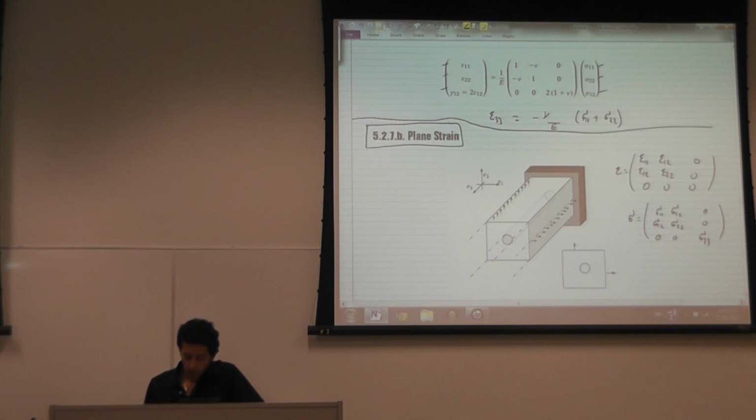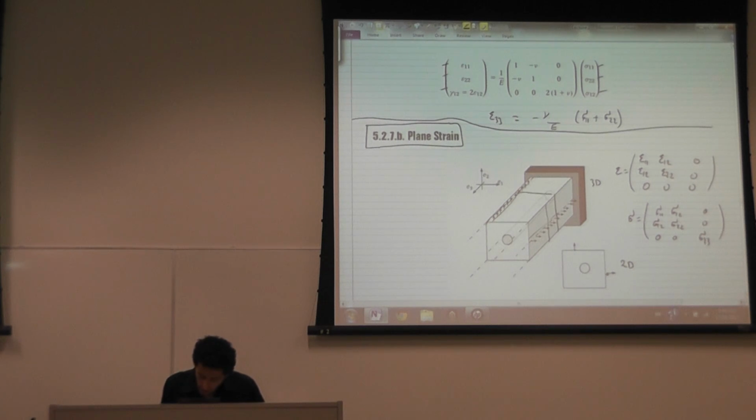And because of all those zeros, I can now look at my 3D problem. I can look at the 2D view of it. Assuming this force is all throughout, all along the object, and this force is all along the object. And usually, for these materials, you assume a unit thickness.